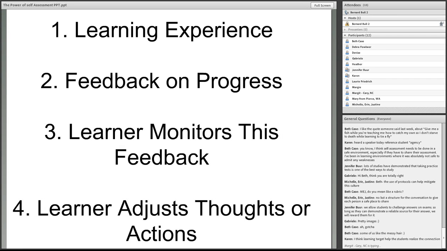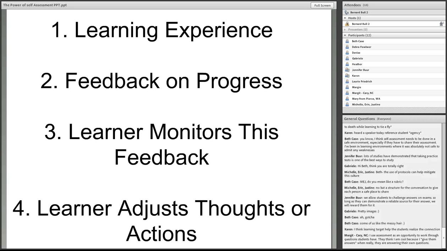And then 4, the learner adjusts thoughts or actions accordingly. So that's assessment as learning, where you can see, especially with number 3, where the learner is monitoring their feedback. The learner is not waiting for a teacher to do the monitoring and tell them what to do next. The learner is actually making the changes. And that's, again, that spirit of assessment as learning. But we're going to hone in now specifically on self-assessment.